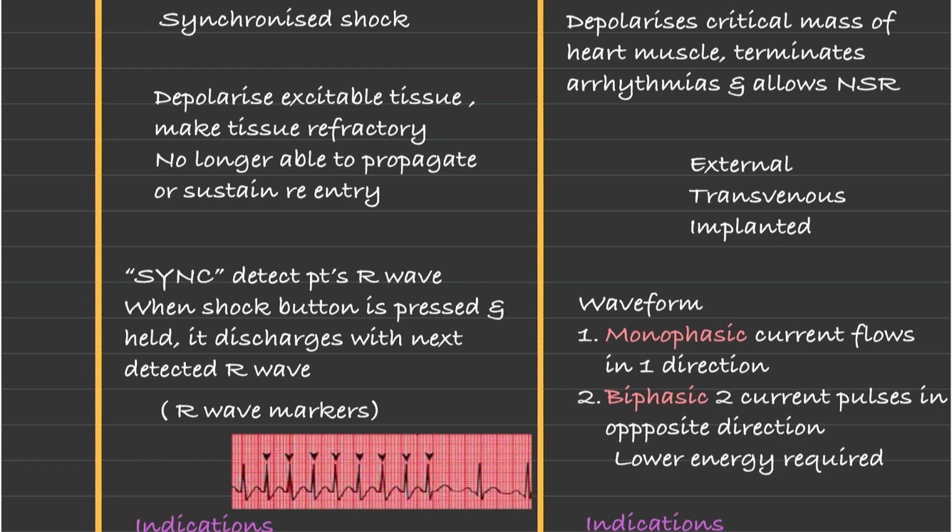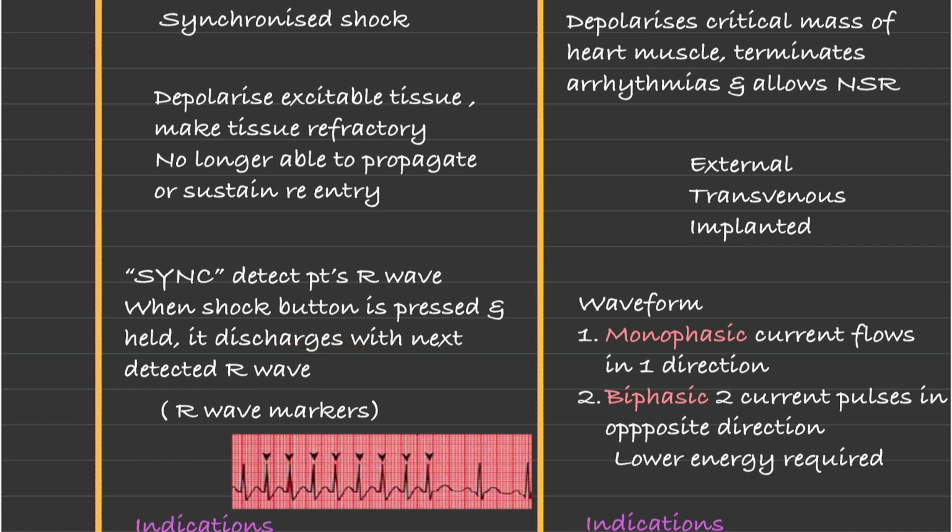Sync detects the patient's R wave. When the patient's R wave is detected, there are R wave markers. As seen in this ECG, there are R wave markers which detect the R wave. When the shock button is pressed and held, it discharges the shock with the next detected R wave.